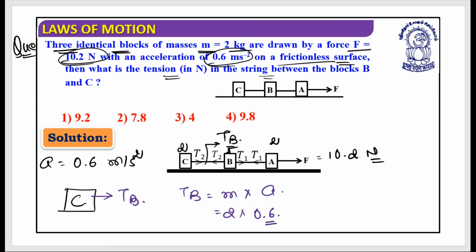So that is 2 into 0.6, which equals 1.2 Newton. I hope this is clear. Is it clear? Are you sure? So what do they want? They want the tension force in the string between the blocks B and C. Great.